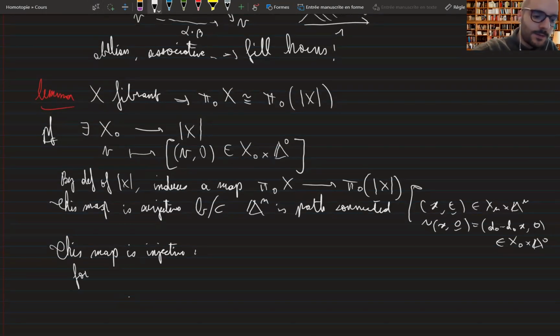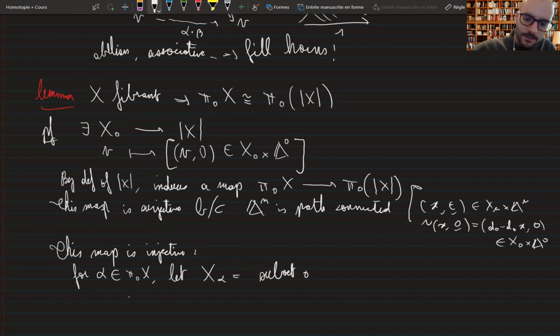For alpha in π_0 of X, let X_alpha be the subsimplicial set of X such that all vertices are in alpha.